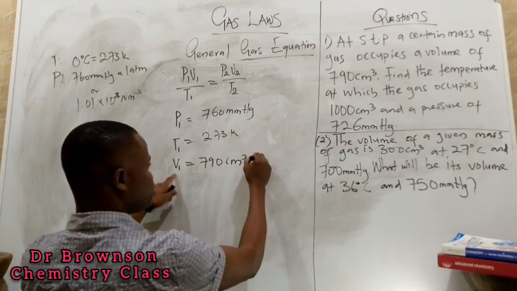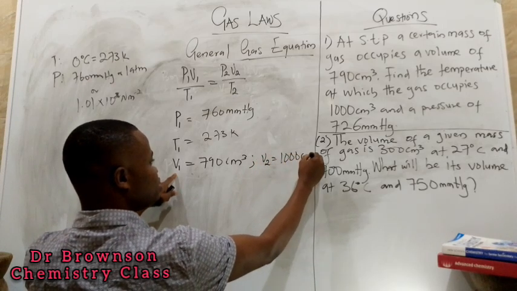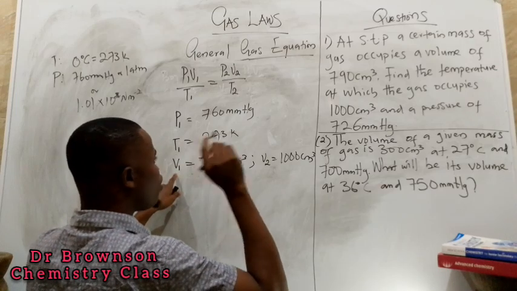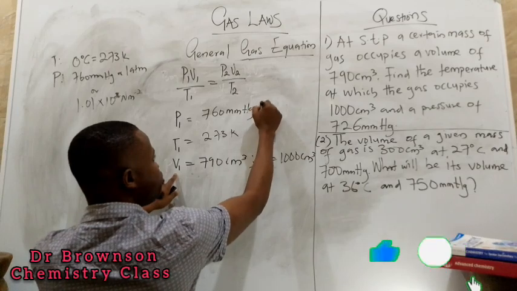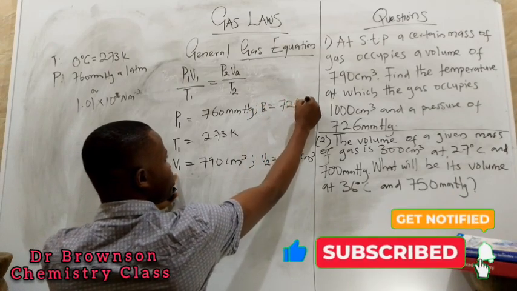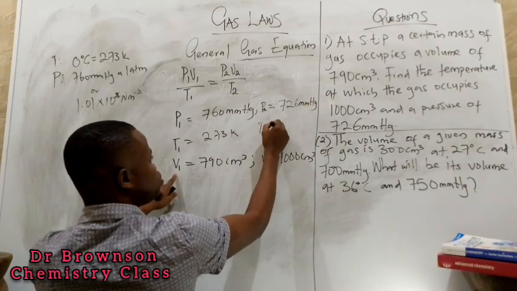That will be your V2, which is 1000 centimeter cube, and a pressure of 726 millimeter mercury. So your P2 is 726 millimeter mercury. What are we looking for? We're looking for T2.